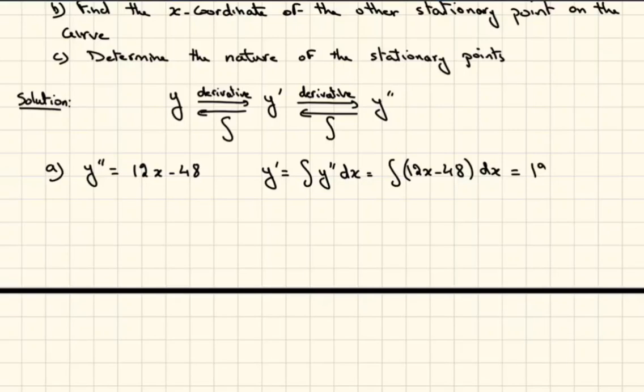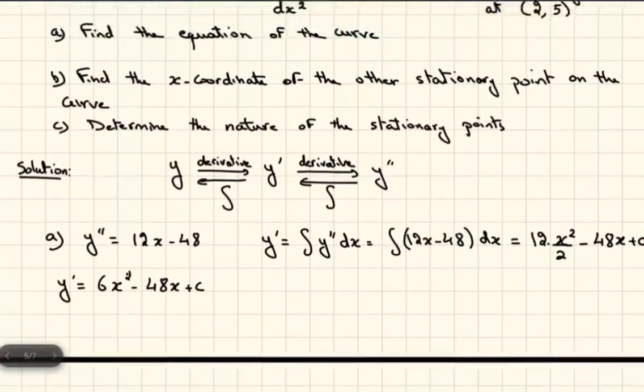Now the 12 stays 12, x becomes x squared over 2, and for 48 we just add x to it, plus c. And we don't forget the c, because once you forget it, the rest will be wrong. Now, can we simplify this? So y prime becomes 6x squared minus 48x plus c.